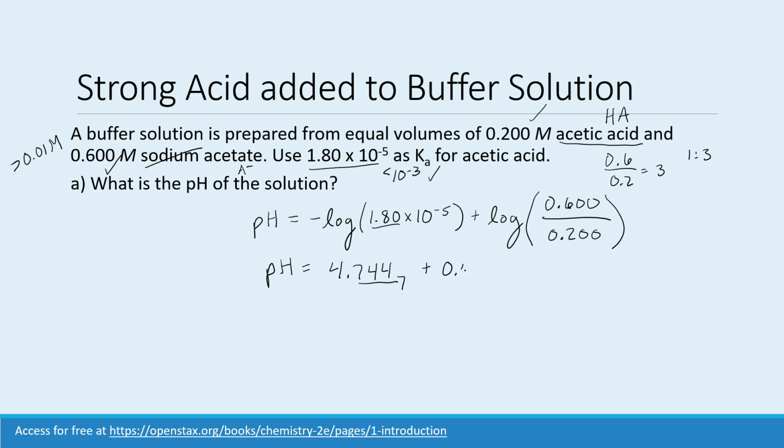Add that to 0.4771. Again, 3 sig figs, so 3 decimal places. And that will be a pH, 3 decimal places out, of 5.222. Okay, so that Henderson-Hasselbalch equation saves us a lot of time from using the ice table.